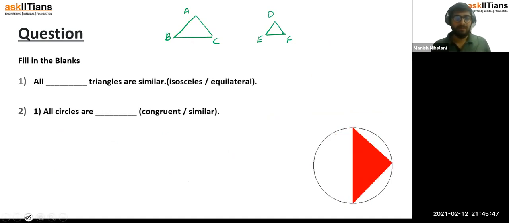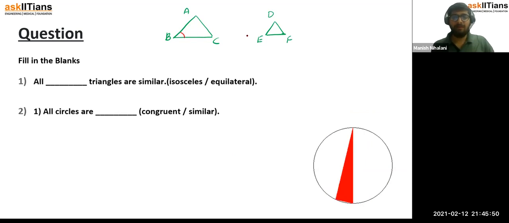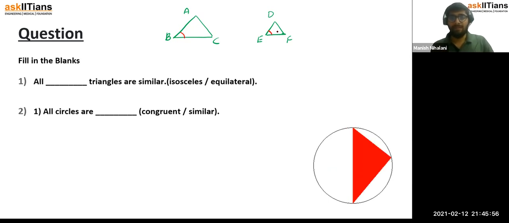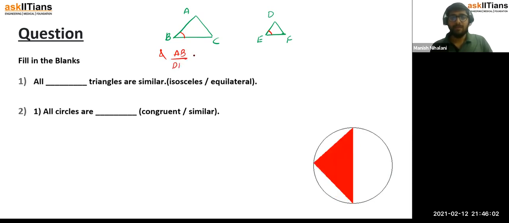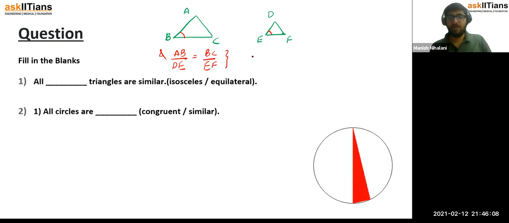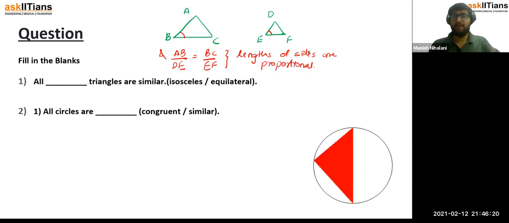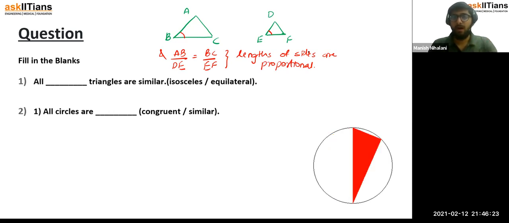Now in this case, if angle B is equal to angle E, and AB upon DE is equal to BC by EF, which means the lengths of sides are proportional, then we say these two triangles are similar triangles. These two polygons are similar polygons, right?